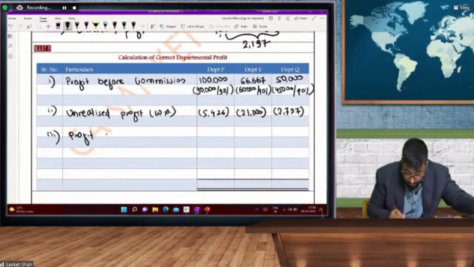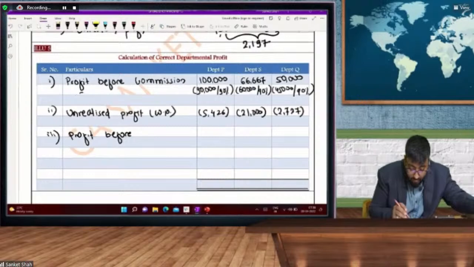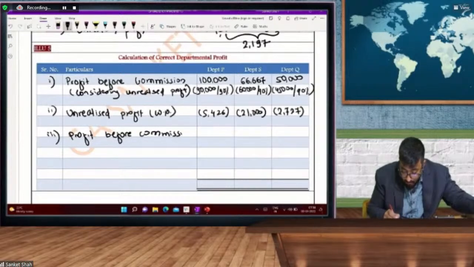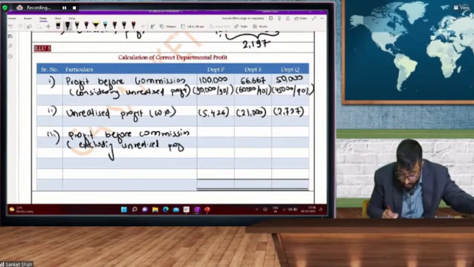Profit before commission. This is profit here, considering unrealized profit. And this is also profit before commission, but this is excluding unrealized profit. So you excluded this.